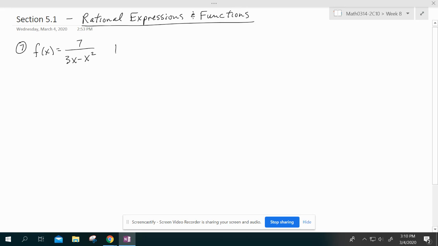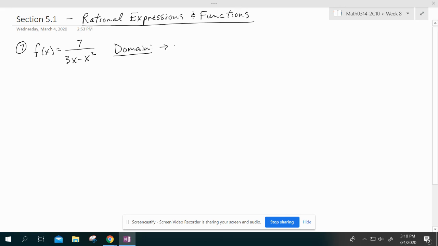Now, what they ask us to find is the domain. And what I want to know from you is, does a rational function have any restrictions? Exactly. The only restriction for a rational function is that the denominator cannot be 0, okay?